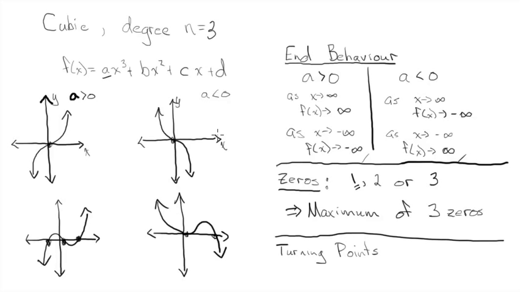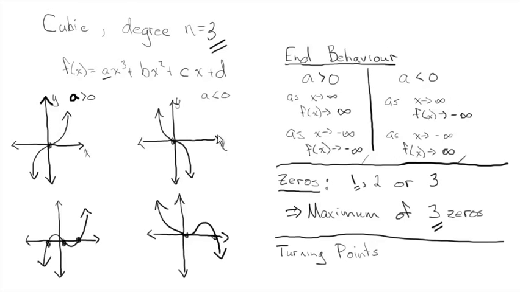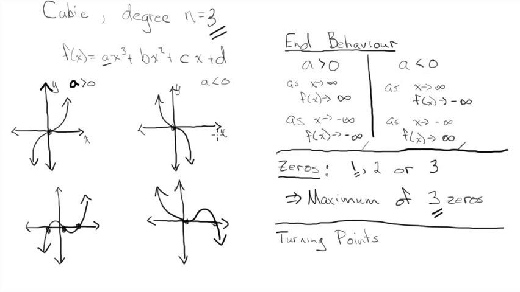And again, that's not a coincidence that the degree 3 polynomial has a maximum of 3 zeros. That followed the pattern from linear and quadratic. If you remember, a linear had 1 zero and a quadratic had a maximum of 2. So there seems to be a pattern there.